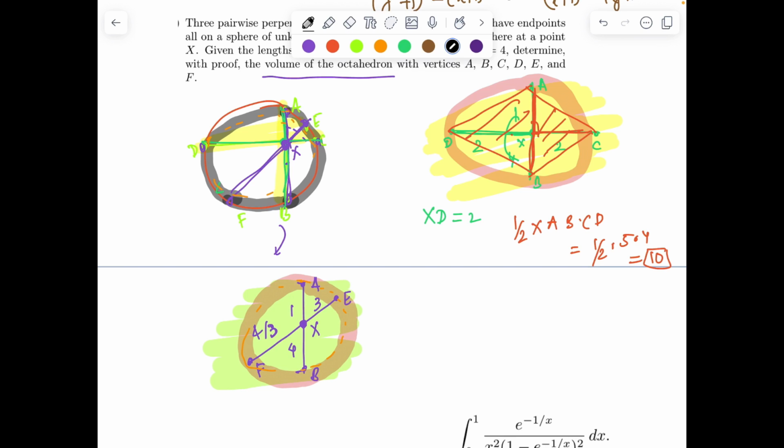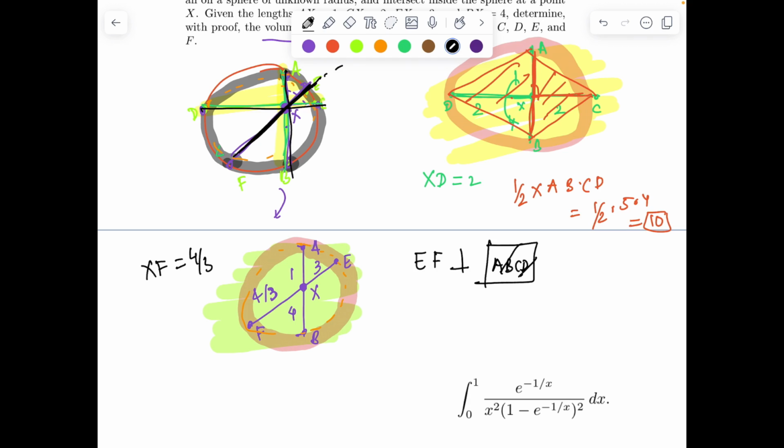And now we can tell the FX value, XF is known to us, 4 by 3. Now since EF is perpendicular to the plane containing ABCD, that is obvious because these three are mutually perpendicular, right? So EF will be perpendicular to the plane containing ABCD by the description of the problem.